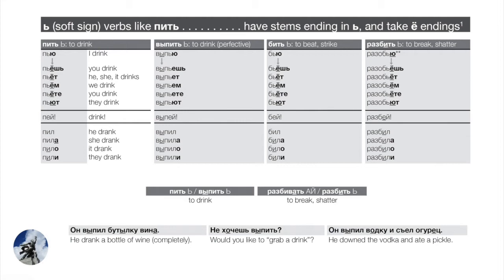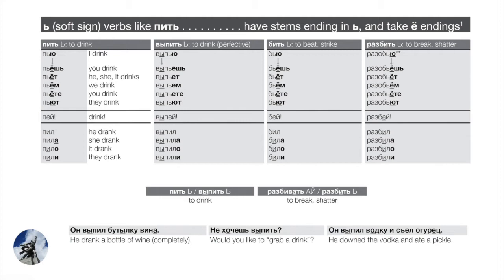So take note of that right now. We'll return to that idea down the road, especially in book 3, when we start talking more about prefixes. Anyway, the form here is выпью, выпьешь, выпьет, выпьем, выпьете, выпьют. And then in the past tense, выпил, выпила, выпило, выпили.